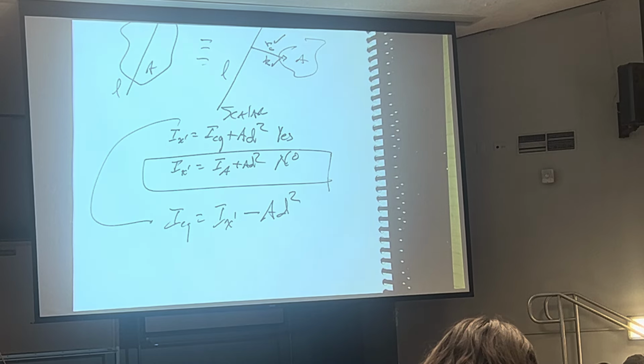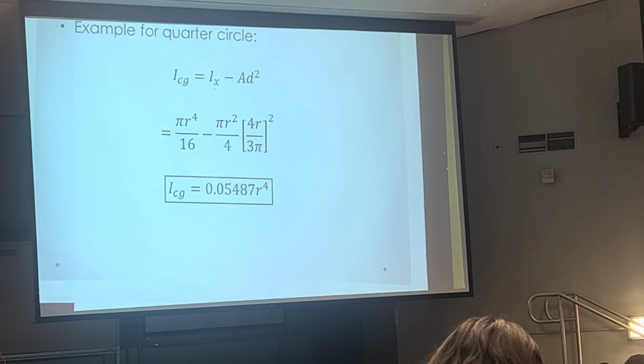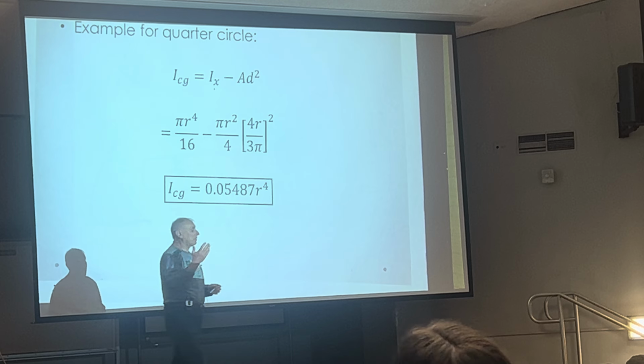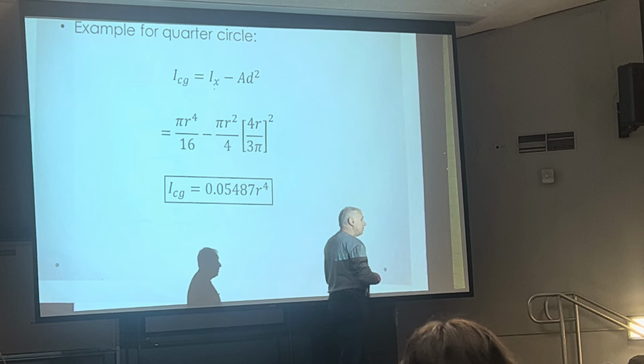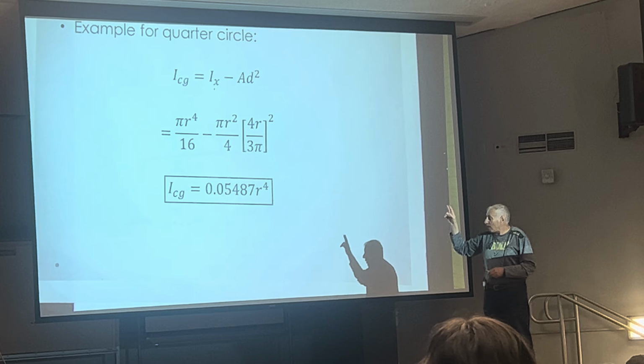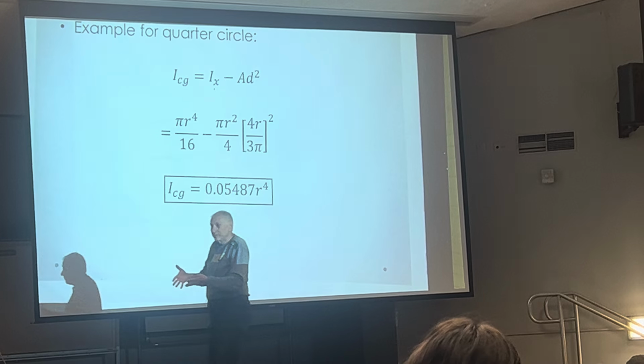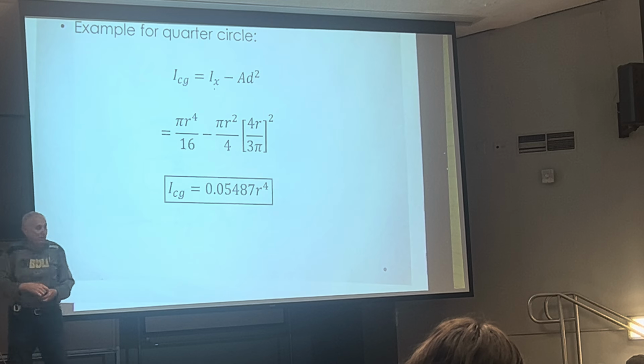Similarly, this is for a quarter circle. ICG equals IX minus AD squared. In the back of the book, he tells you IX, in other words, about the base of the quarter circle, it is pi r to the 4th over 16. Again, somebody did the integration for you and came up with the formula.